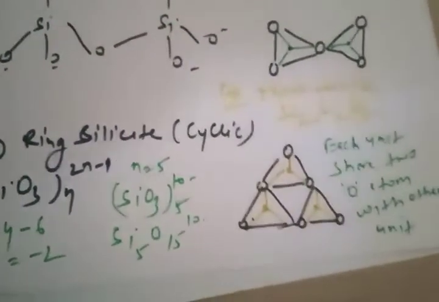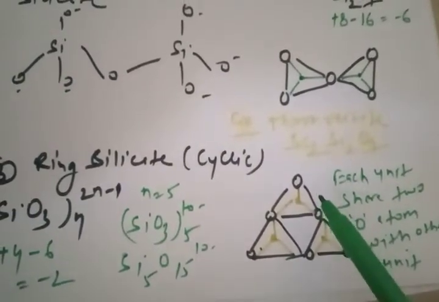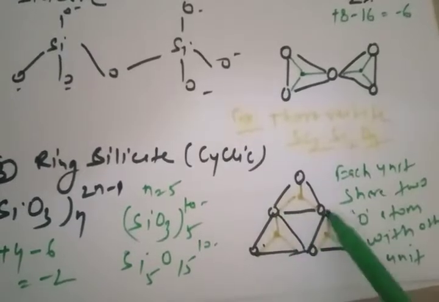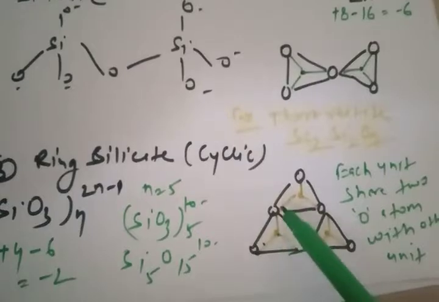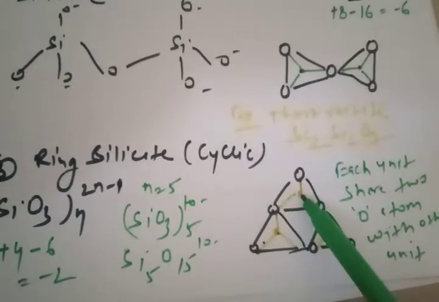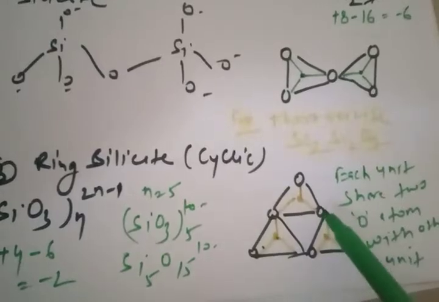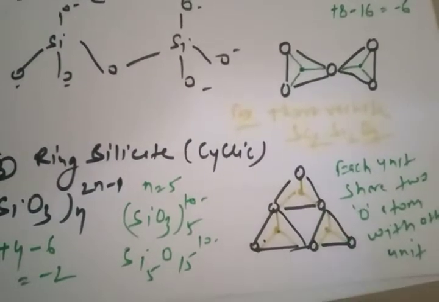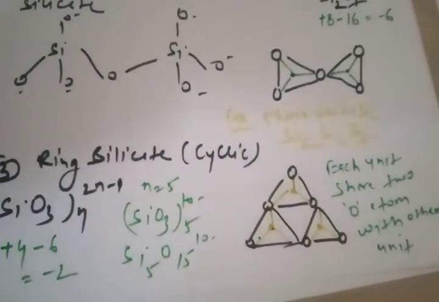This you should remember. Like in this case you can see that this is a unit, so this oxygen is shared by this unit, and this oxygen is shared by this unit. Similarly this oxygen is shared by this unit, and this oxygen is also shared by this unit, so each unit is sharing like this.